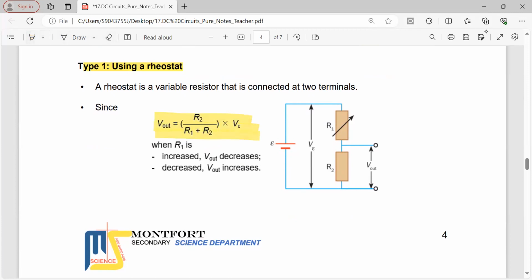So when I increase the resistance of R1, which means that the voltage V1 will increase, resulting in, since R2 is constant, voltage V2 here will decrease. Okay, so vice versa.